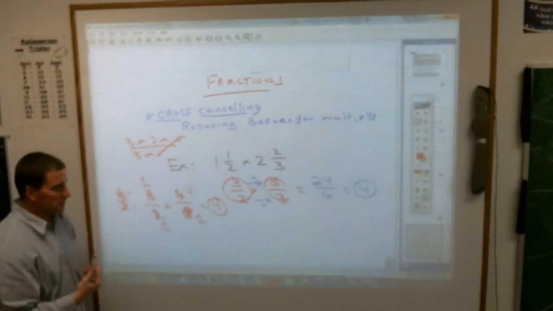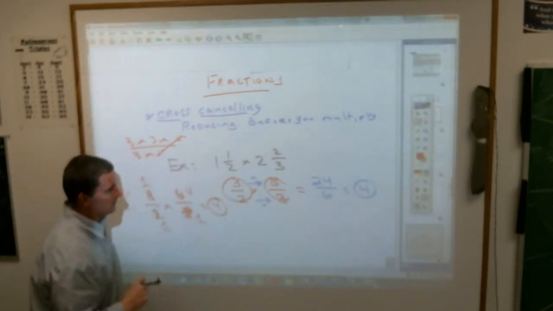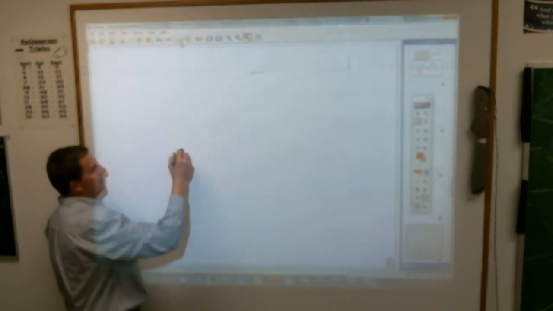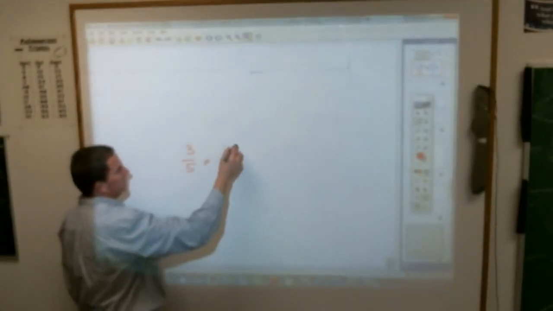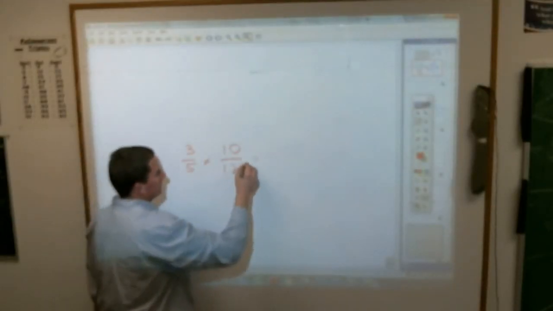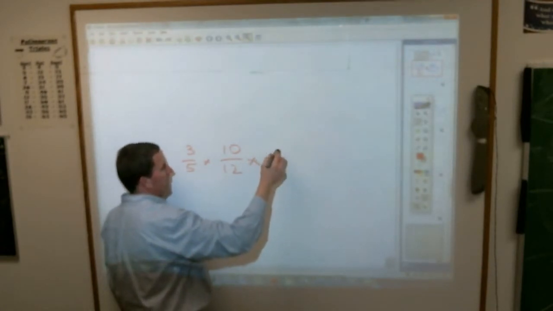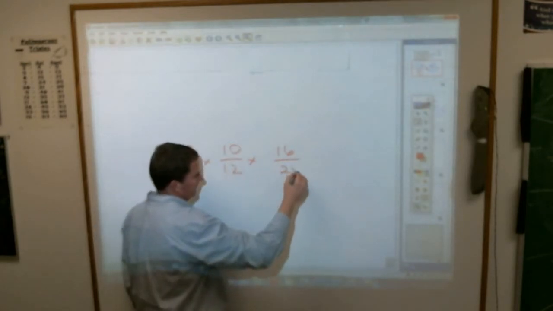Sometimes you'll end up with fractions that look like this. Let me show you something where it really makes a difference. If you have 3/5 times 10 over 12 times 16 over 25.